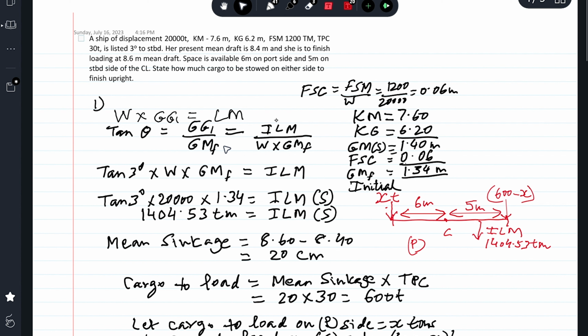Now, you know what is GG1? GG1 is the listing moment upon displacement, W. So ILM, the initial listing moment, divided by displacement W, gives the GG1 upon GM fluid. So theta is 3 degrees. The initial list is 3 degrees to starboard.